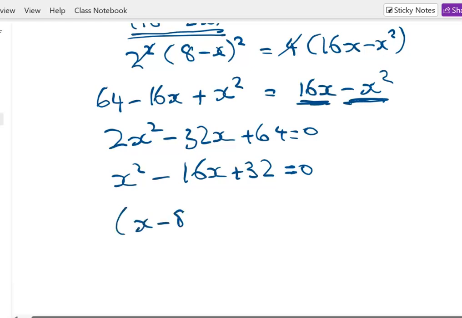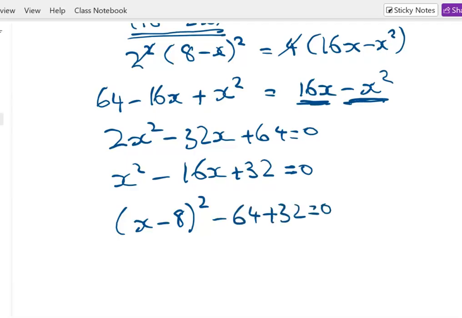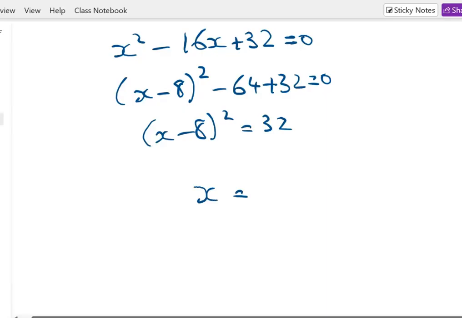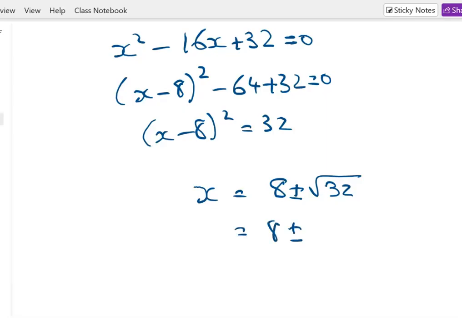If you're in my class, you know that I'm going to do completing the square. So we get x minus 8 squared minus 64 plus 32 equals 0. And finishing that off quickly, we get x is equal to 8 plus or minus the square root of 32, which is 8 plus or minus 4 root 2.